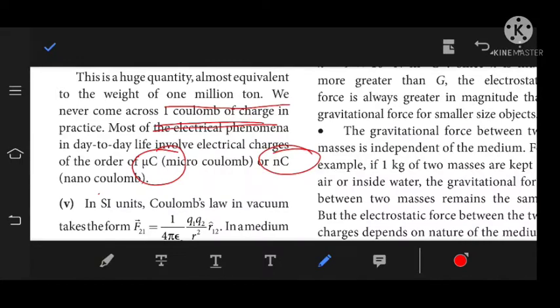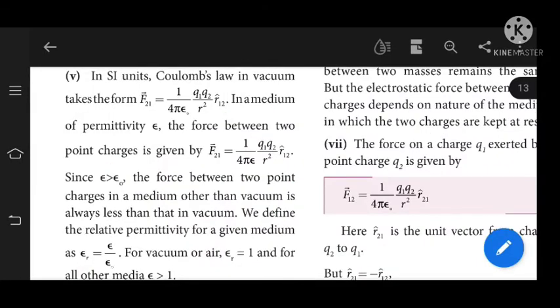That's why. And the next point is the SI unit. In SI units, Coulomb's law in vacuum takes the form F21 vector is equal to 1 by 4 pi epsilon naught, Q1 Q2 by R squared, R12 cap, that we know. But if the charges are placed in a medium of permittivity epsilon, in previous cases we discussed vacuum or free space, but here it is a medium.